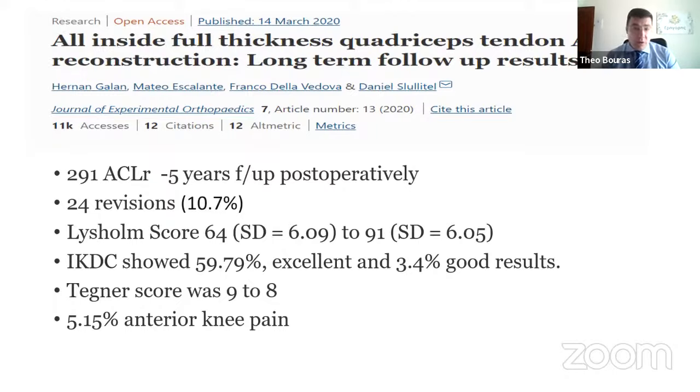The authors attributed that to the population they had, because most of them were athletes, and they proved that by referring to the Tegner score. Before injury, the Tegner score of the patients was 9, and most of them returned to 8, which is quite high. Good and excellent Lysholm and IKDC results, and a 5% anterior knee pain.